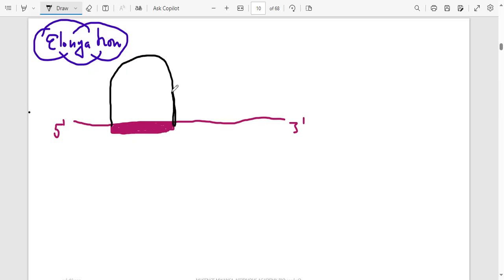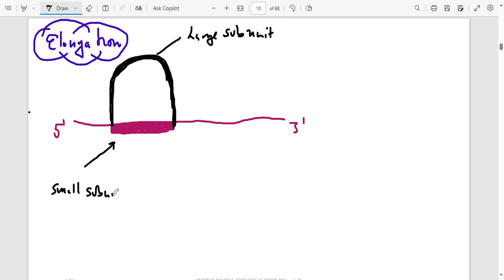So what I'm putting in black here is known as the large ribosomal subunit. When you combine the large ribosomal subunit and the small ribosomal subunit, you form a ribosome. Okay? So this is a large subunit, and this one is a small subunit.